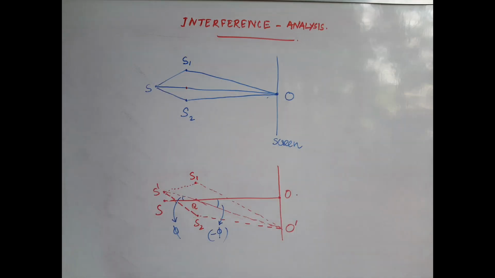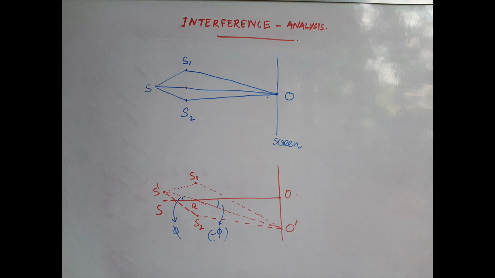Here just imagine the first case, as we considered so far: from the source S to slits S1 and S2, the point sources S1 and S2 are equidistant. Then S to O and S2 to O are equidistant, and this SO is a straight line perpendicular to S1S2.